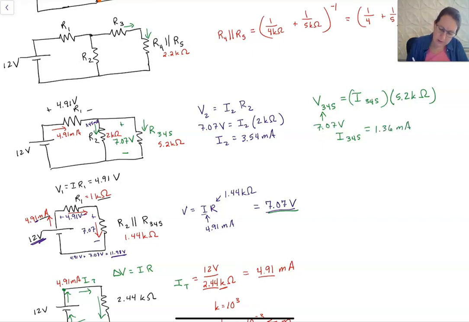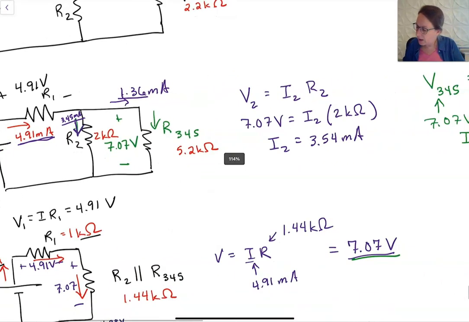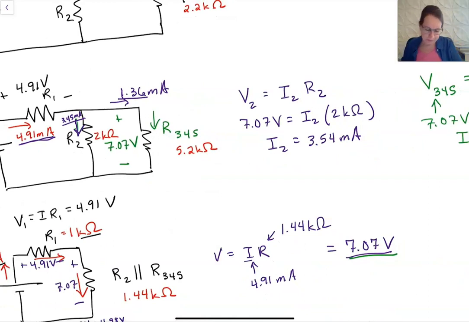So that says that our current right here is 1.36 milliamps. And we can check, because the current in is 4.91. So 4.91 should be 3.54 plus 1.36.